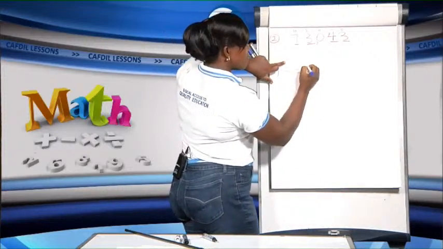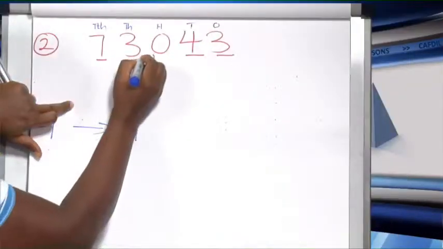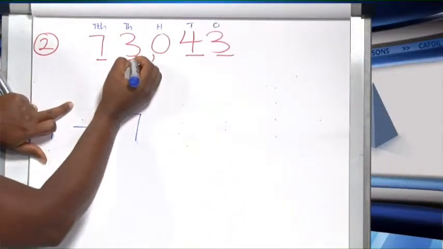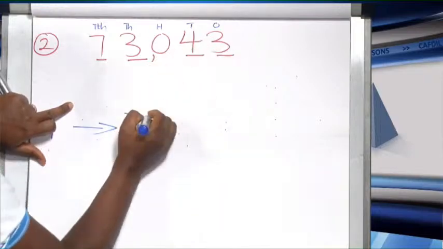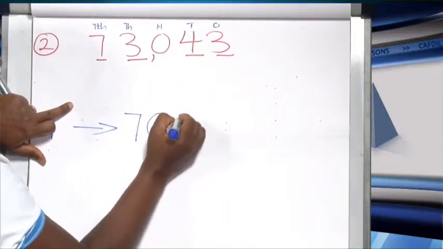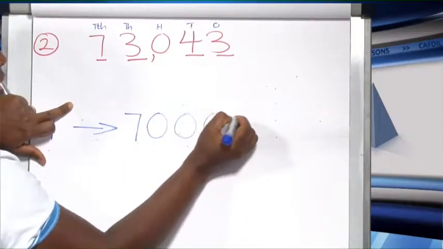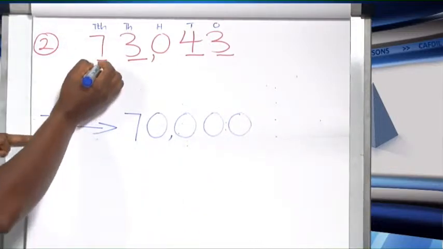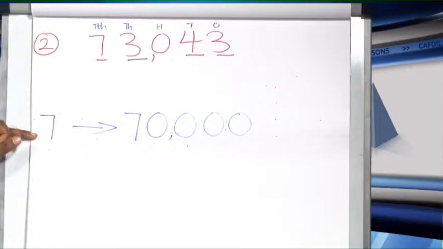So you write 7 and assume the rest of the digits to be zeros. So we're going to have 1, 2, 3, 4 of the zeros. So the value of the 7 in this number is 70,000.